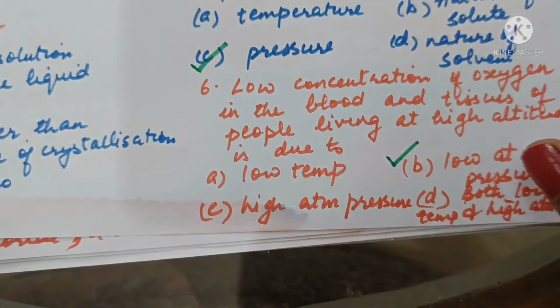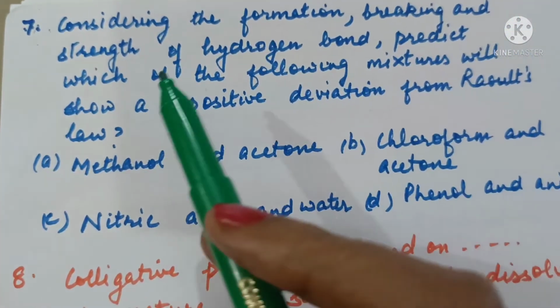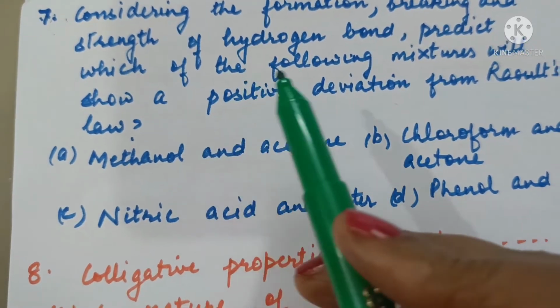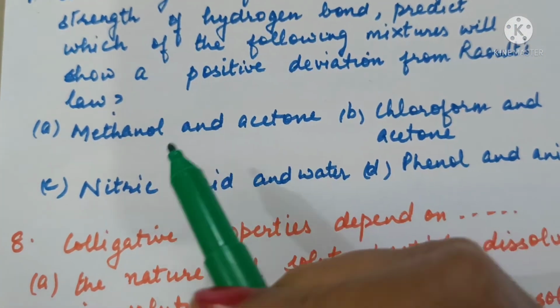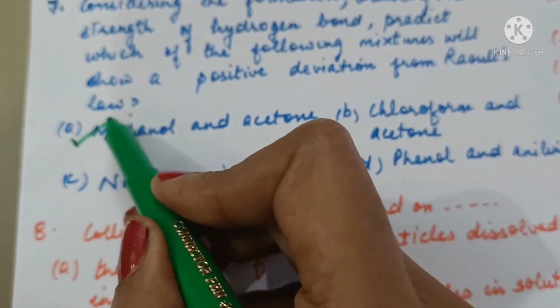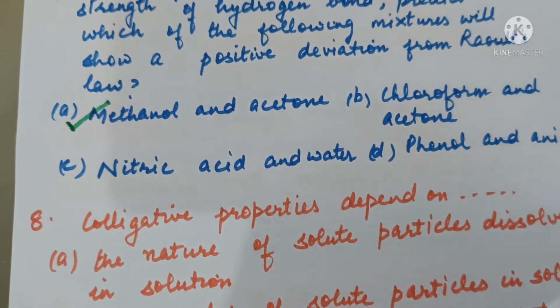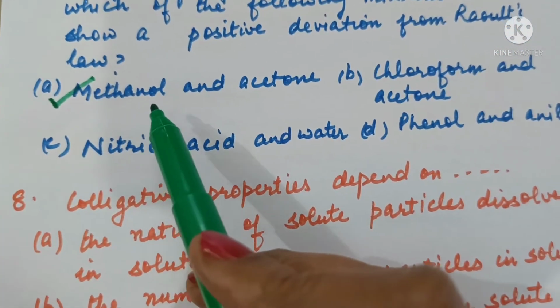Considering the formation, breaking and strength of hydrogen bond, predict which of the following mixtures will show a positive deviation from Raoult's law. So option is methanol and acetone, because methanol molecules are joined to each other by hydrogen bonds.